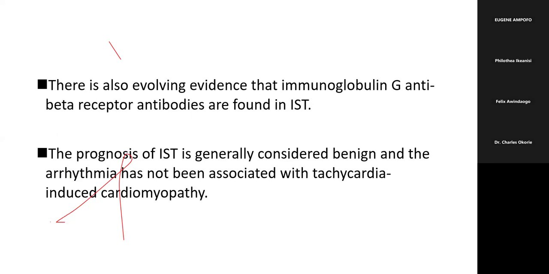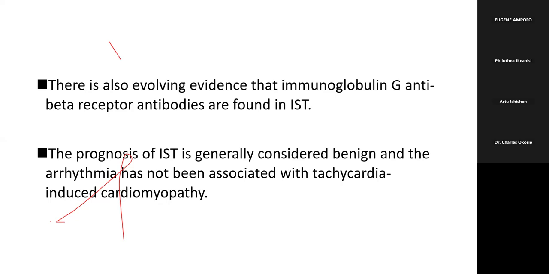There is also evolving evidence that immunoglobulin G anti-beta receptor antibodies are found in patients with inappropriate sinus tachycardia. The prognosis of inappropriate sinus tachycardia is generally considered benign, and the arrhythmia has not been associated with tachycardia-induced cardiomyopathy.